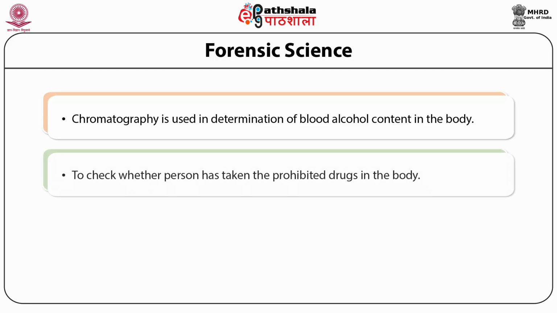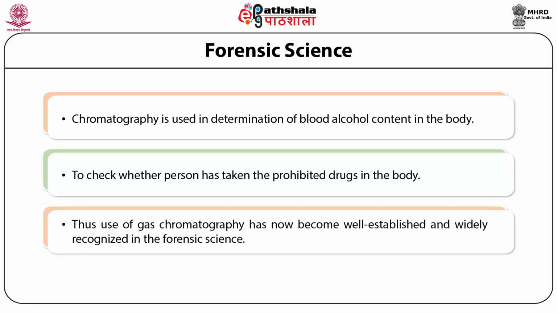Also, to check whether a person has taken the prohibited drugs in the body, and to identify which fluids and chemicals are present in the body. Thus, use of gas chromatography has now become well established and widely recognized in forensic science.